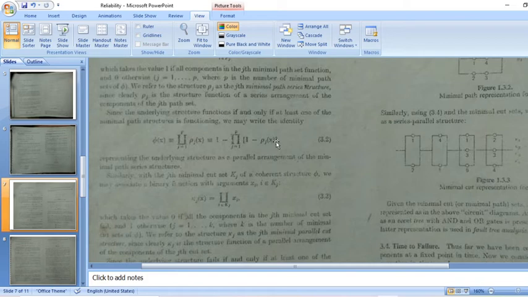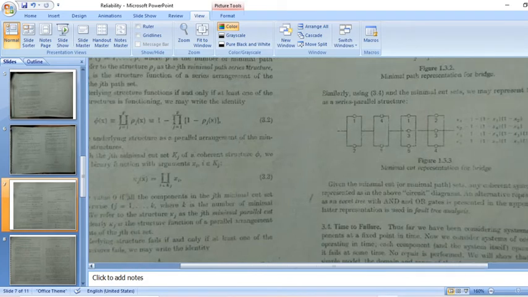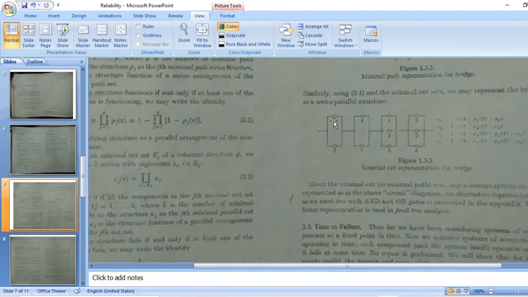Similarly, we can consider the system in terms of minimal cuts. Here we have given these minimal cuts.